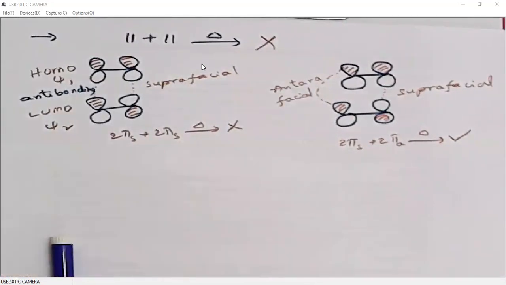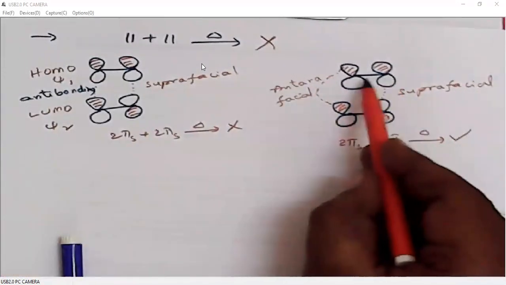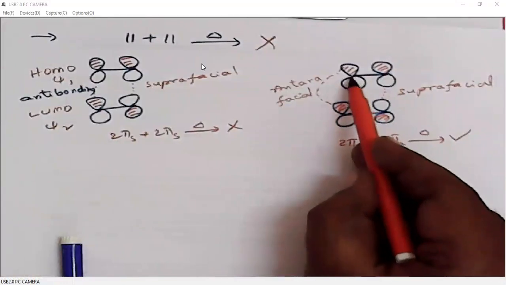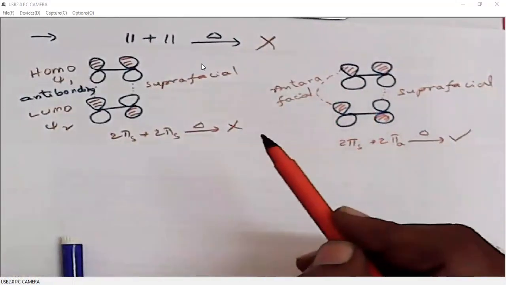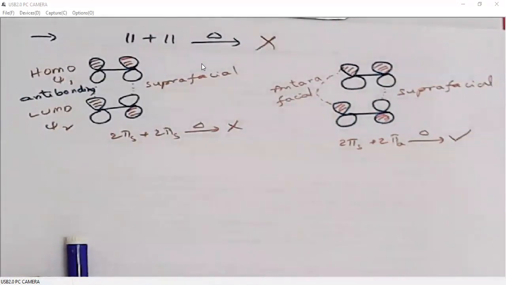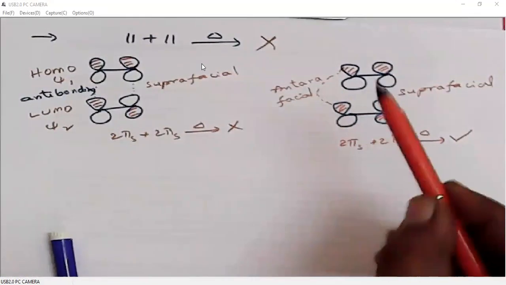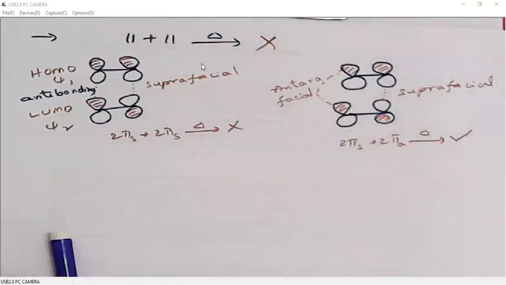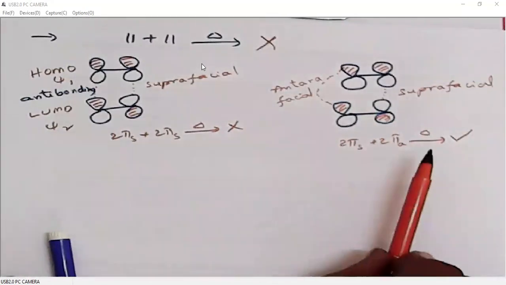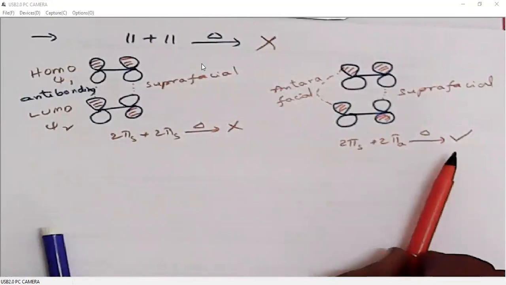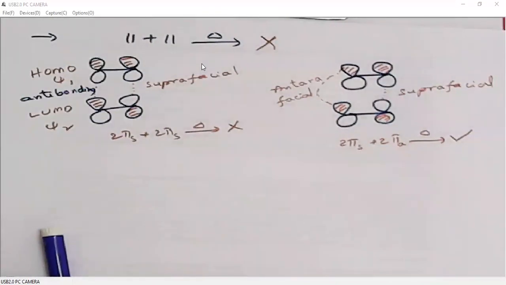But do you think that a two carbon chain can allow this orbital to rotate? No, it is not possible, right? It is a very short chain. So the two carbon system cannot allow this orbital to rotate and then undergo antarafacial bond formation. So 2 pi s plus 2 pi a bond formation is allowed according to the rules, but practically it is not feasible.